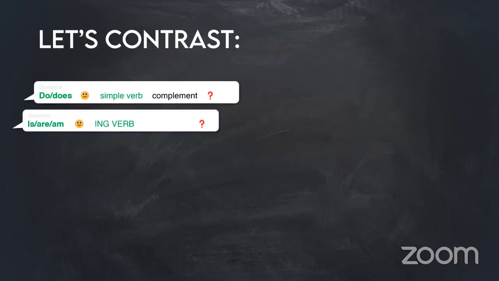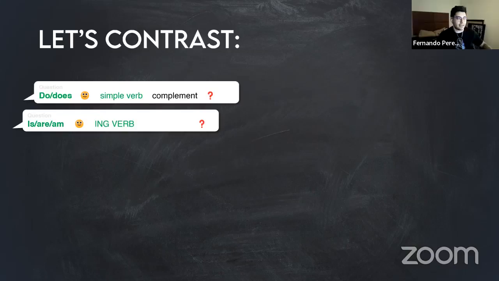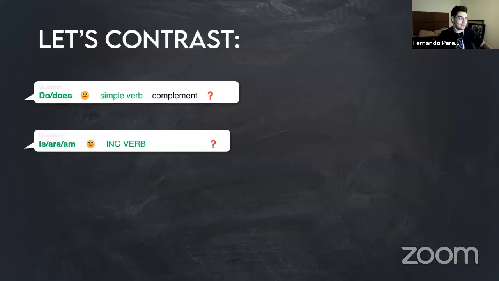Are you and verb ing is in present. Both are present. The first one is present, and this is present too. That's precisely the issue.